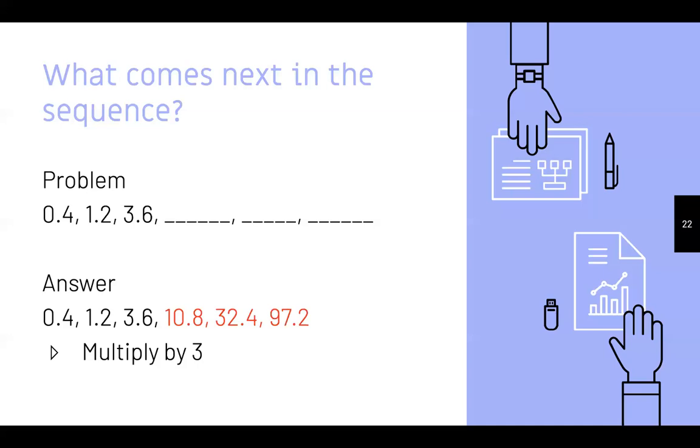Then multiply 3 by 1, that's 3, so 32.4, and then 32.4 multiplied by 3 is 97.2. Now, those numbers do get big quickly. If you do need to use a calculator, please use a calculator, especially with that 32.4 to 97.2 can be a little bit hard.